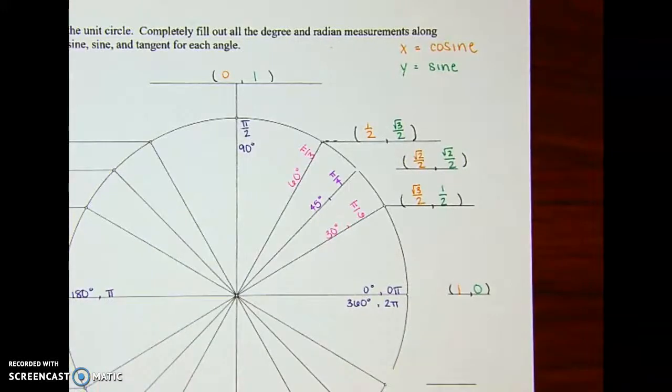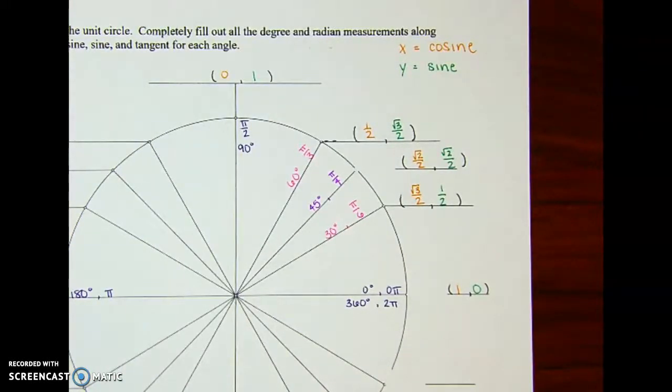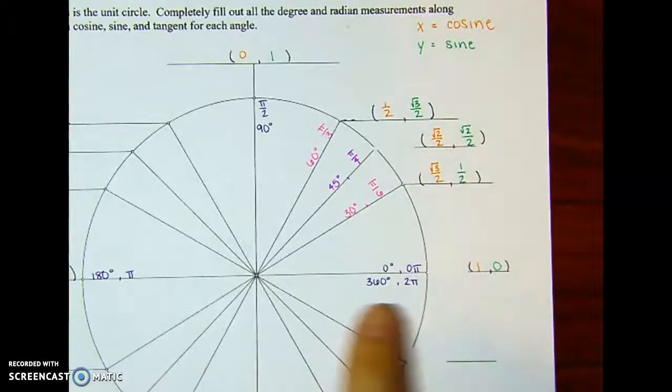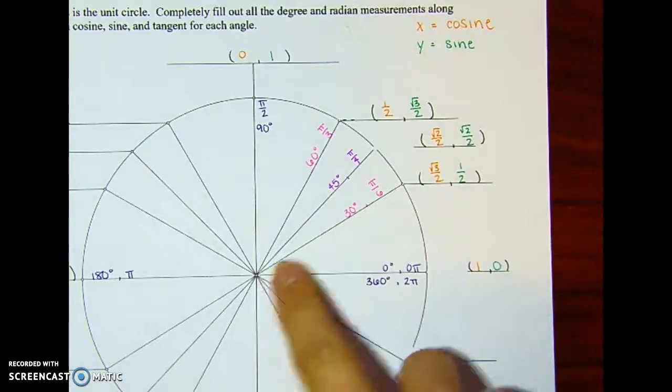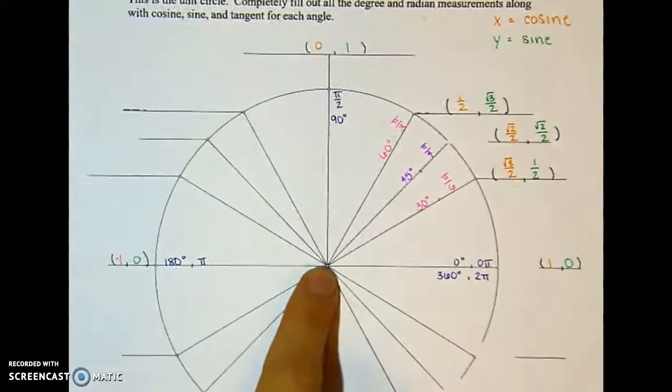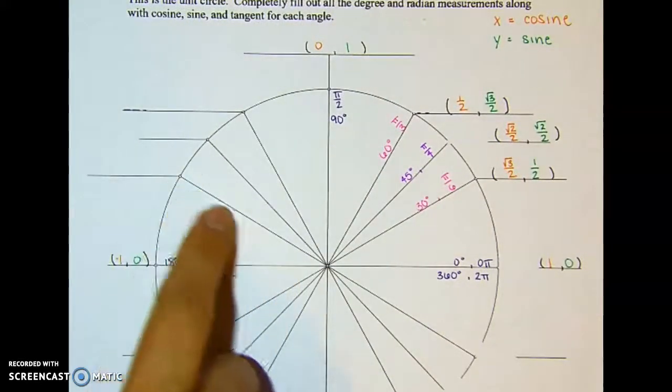So now let's talk about the patterns of the other quadrants. We're going to start with degrees. From here on out, it's all about reference angles really as far as degrees go. So if this is 30 degrees right here, this over here is going to be a 30-degree reference angle.